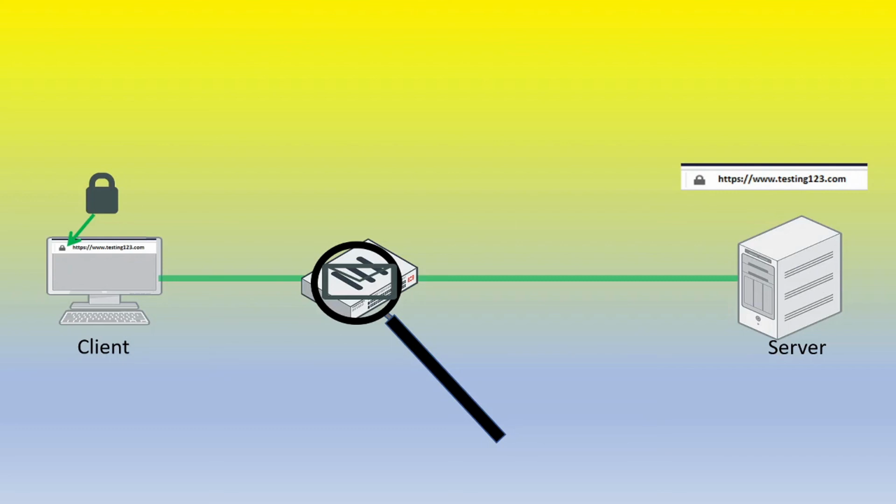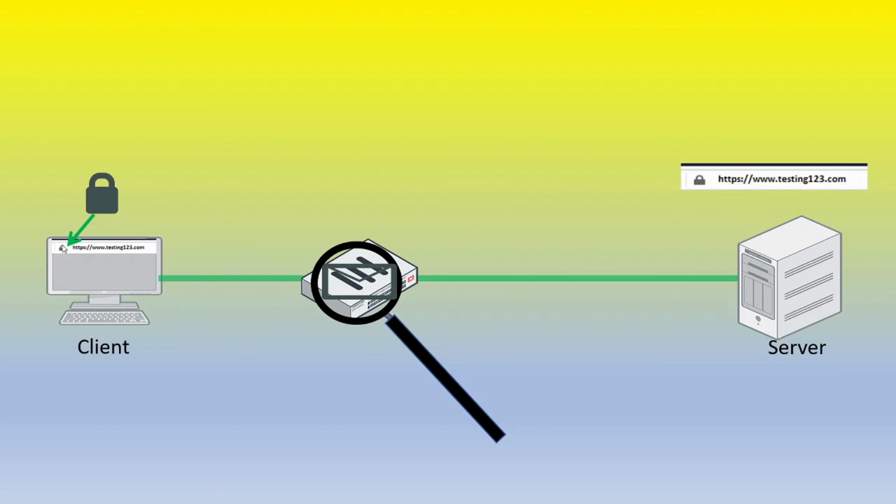Now, a couple reasons why we would actually want our firewall to have that visibility. Well, the main one is if a firewall has visibility into this type of communication, now it has the ability to protect that client from anything that might be on the server, for example, or vice versa. So what I mean by this is, let's say there's a virus that's on this server machine.